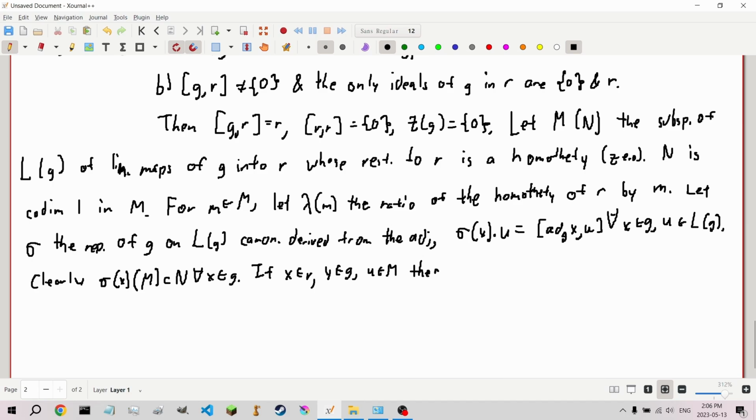Then sigma of x acting on U of y is the bracket of x on U of y minus U of the bracket of x and y, just by that definition up above, which is equal to the negative of the ratio of the homothety of U multiplied by the bracket of x on y.